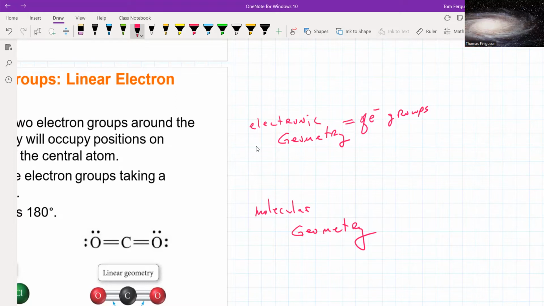It has nothing to do with what's attached to those groups. Then we have molecular geometry.